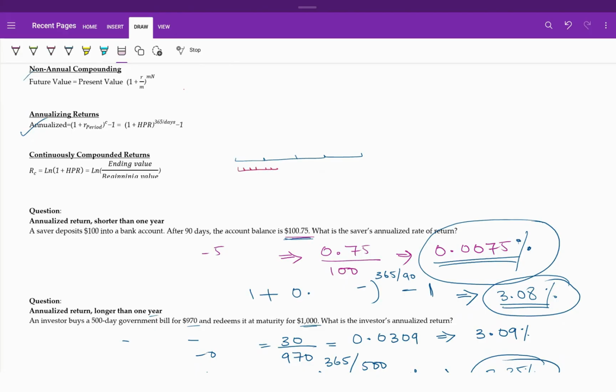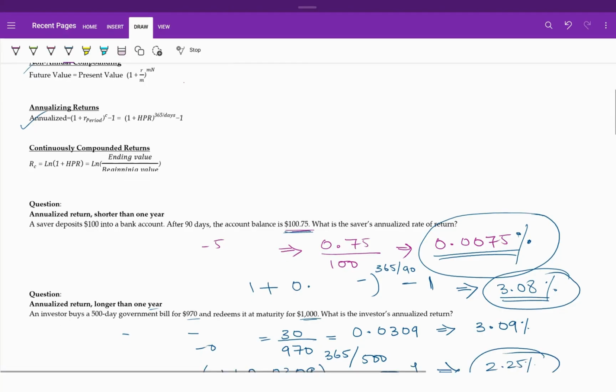So it's continuously compounding. For continuously compounding, there is a formula. It's a little complex formula, but we actually have a function in our calculator to calculate these kinds of returns. So let's start with our question here.